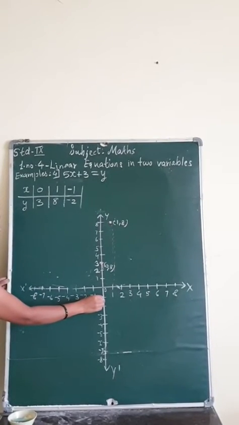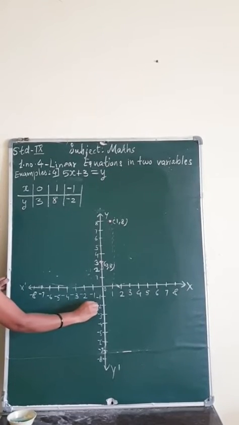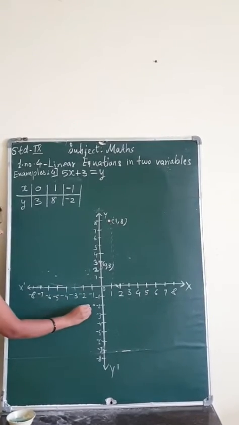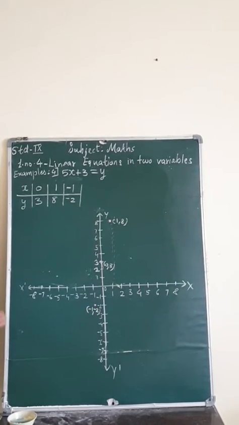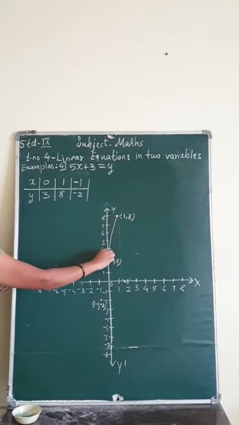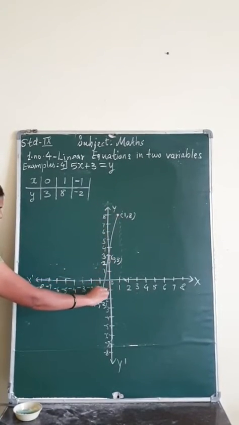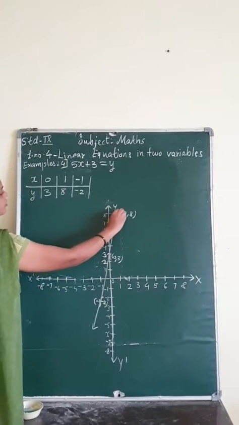So it is minus 1 and minus 2. And then joining these points, we get a graph, a straight line graph.